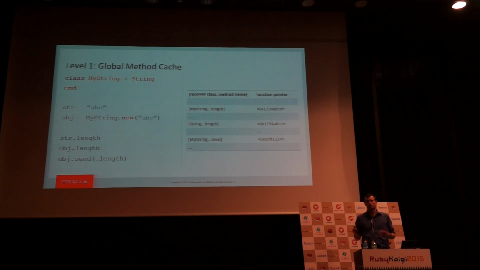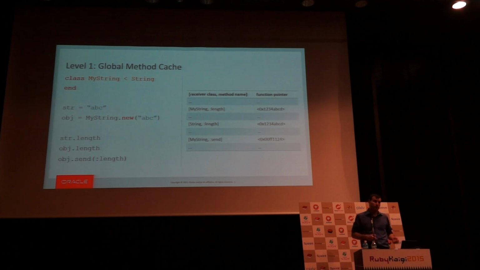So what I've shown here is a very simple example in Ruby where we subclass String. And on a string instance, we call .length. On that subclass, we also call .length. And then we try to get the string length by going through send. And in the lookup table here, what you can see is for String length and MyString length, they have the same exact function pointer value.